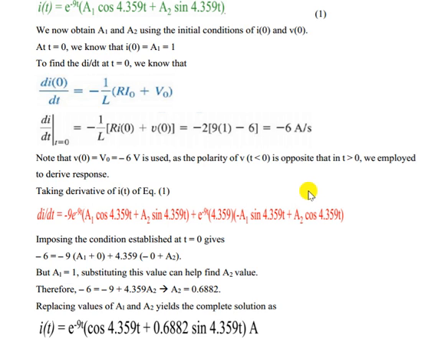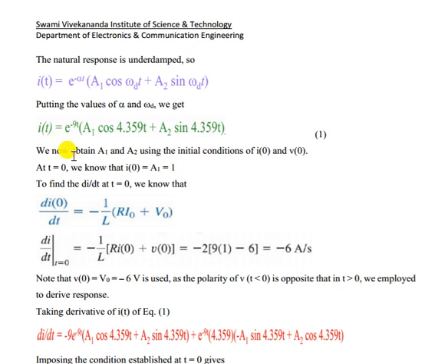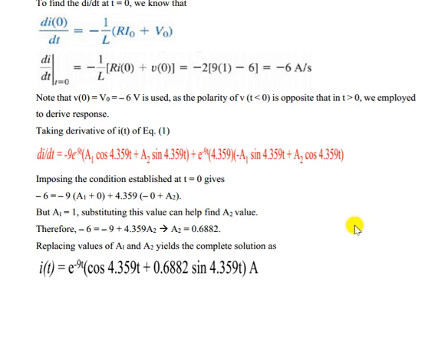Okay, so we got the value of di by dt. Now what we have to do is take the derivative of this particular equation, whatever the response is. If you take the derivative of that, you will get this expression.